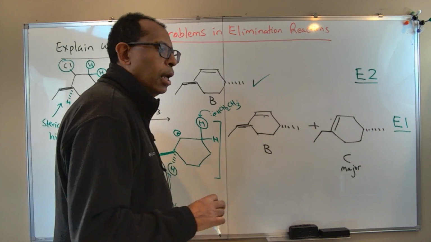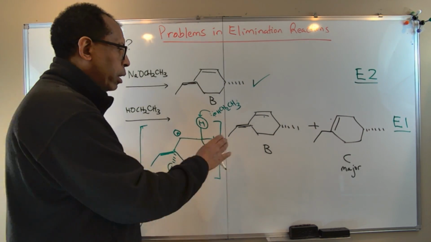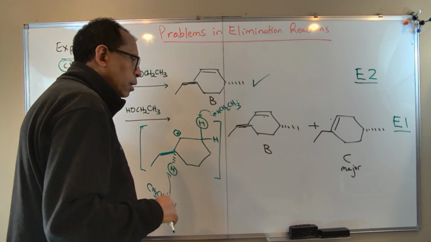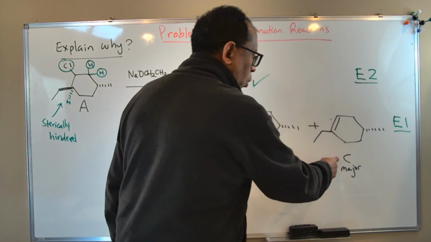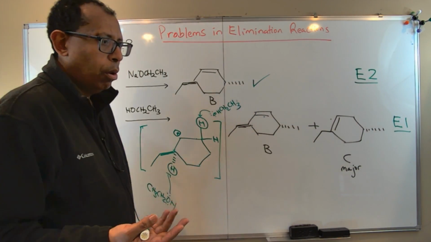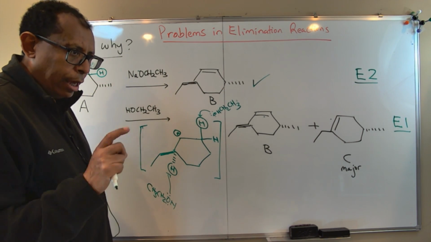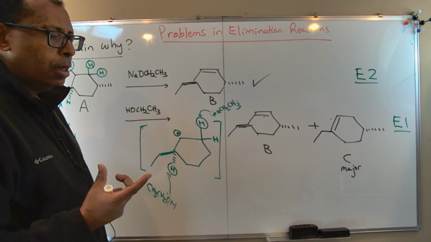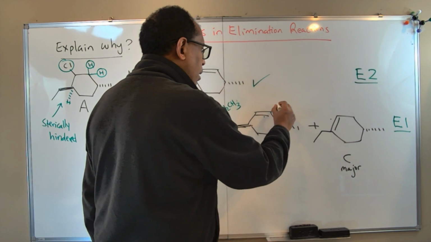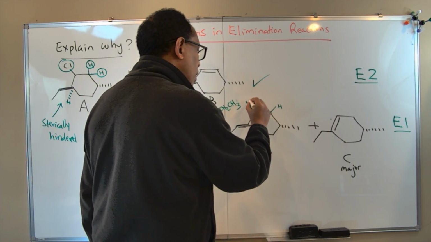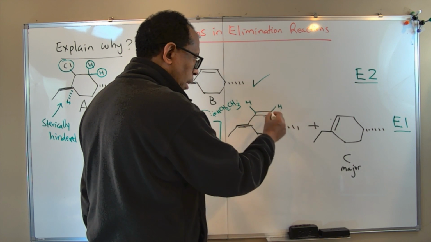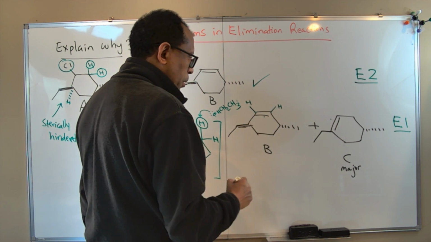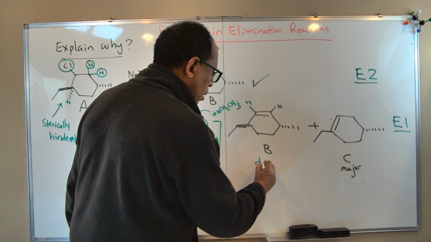So from this abstraction you get the top one, and from this abstraction you get this one. Now the question is, okay, I'm forming B and C in the lower case, but why is C the major one? Obviously we know that now, and you see the nature of the alkene. Which one is more stable alkene? Here the alkene is a di-substituted alkene, because you have an R group here, an R group here.